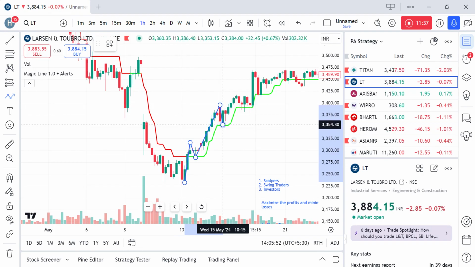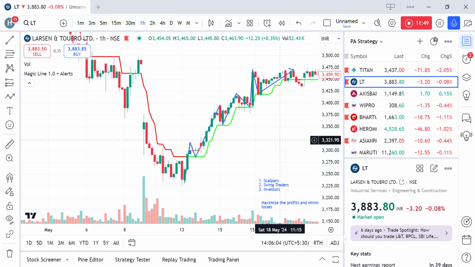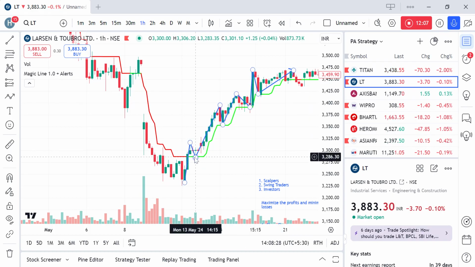Then again we can expect a retracement, and then again a rally, and again a retracement, and again a rally, up till here. This was a good move. This was good support forming, and there was a good rally there.